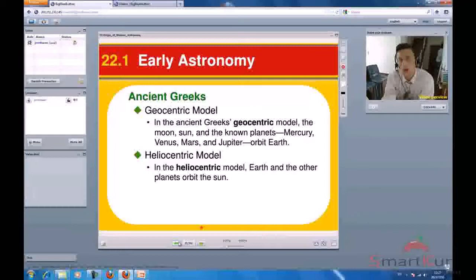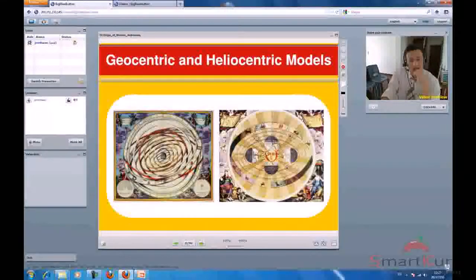On the left side, that picture on the left shows the geocentric model. Remember, we've seen that word geo before in studies like geography, geology. Geo just means earth. Centric, center. So geocentric means earth at the center.